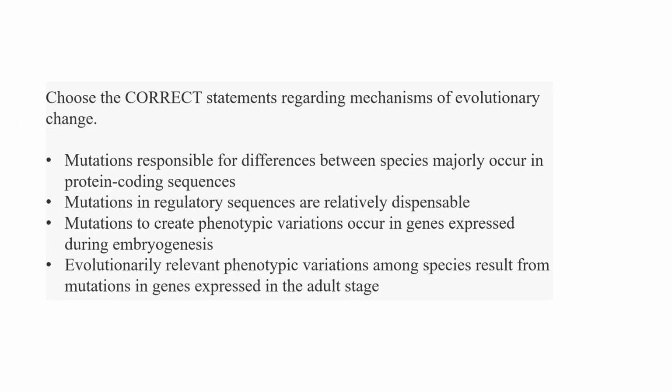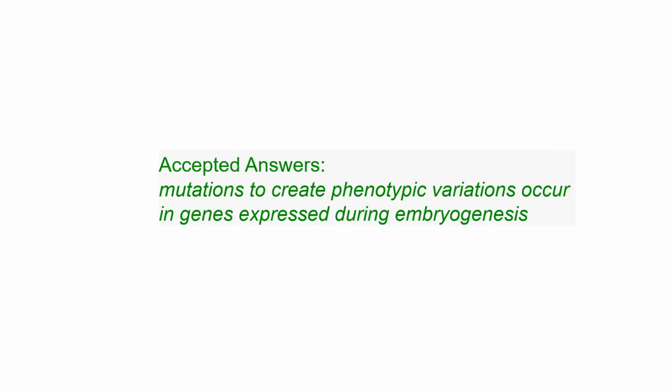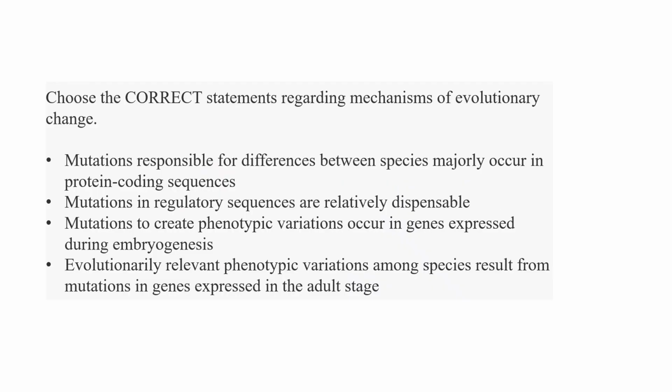Then, mutations to create phenotypic variation occur in genes expressed during embryogenesis. Yes, this is a correct statement. Mutations to create phenotypic variations: if you want any variations to happen, those variations should happen during embryogenesis.